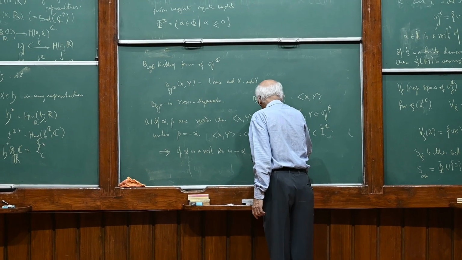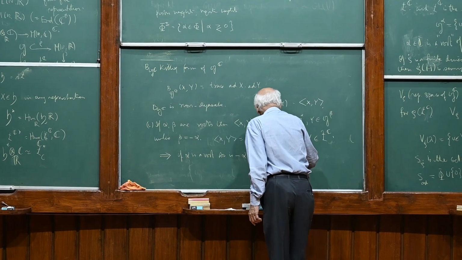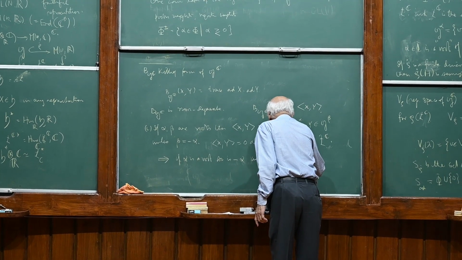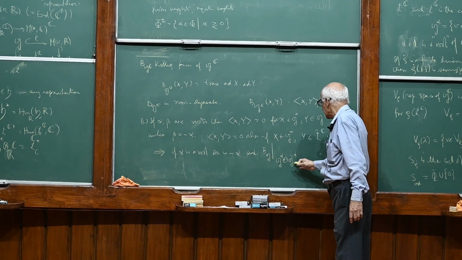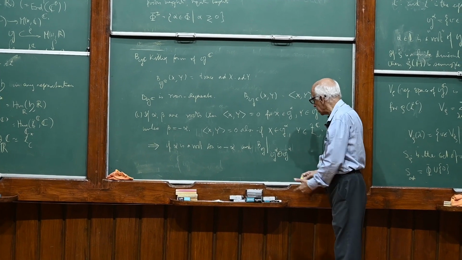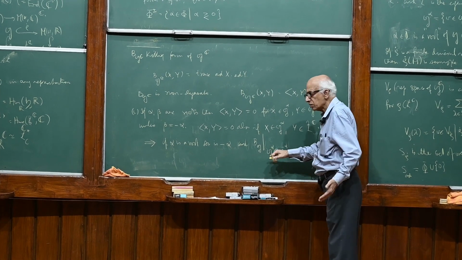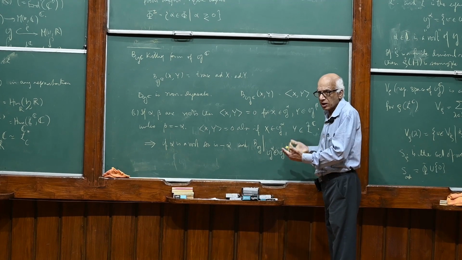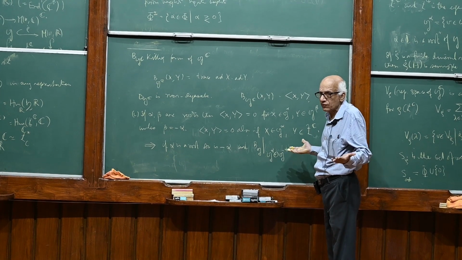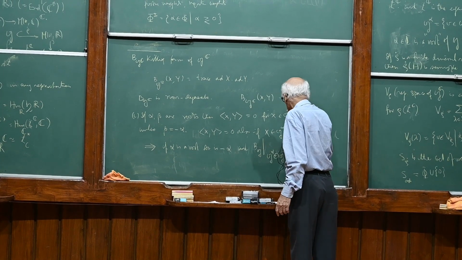And the bilinear form B_g restricted to the subspace g_alpha plus g_minus alpha is not degenerate. g_alpha and g_minus alpha form a direct sum because the intersection is 0. You can't have a common eigenvector for alpha and minus alpha, since alpha is not 0.